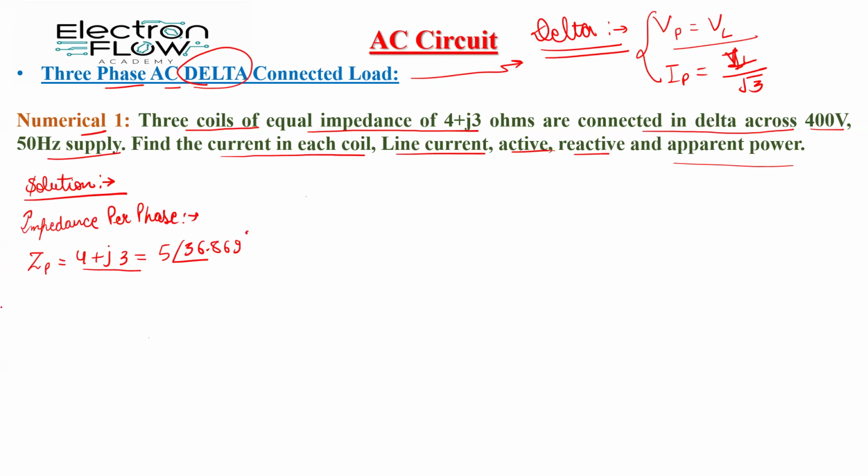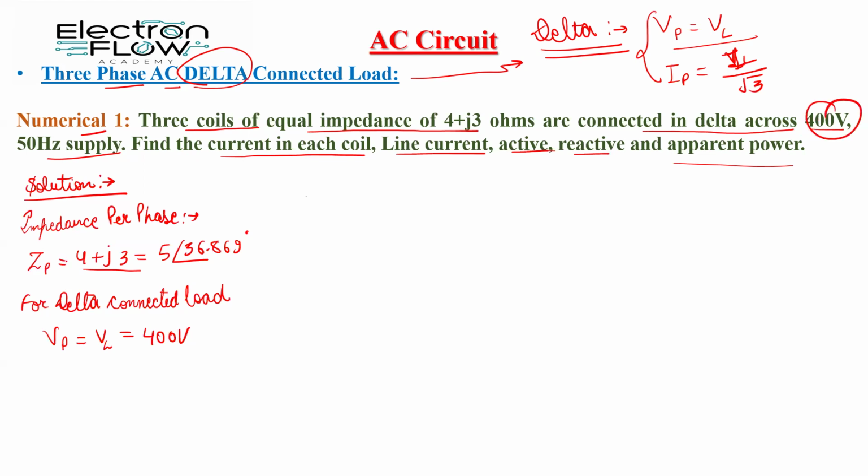As I said, for a delta connected load, the phase voltage is equal to the line voltage, which is given as 400 volts.